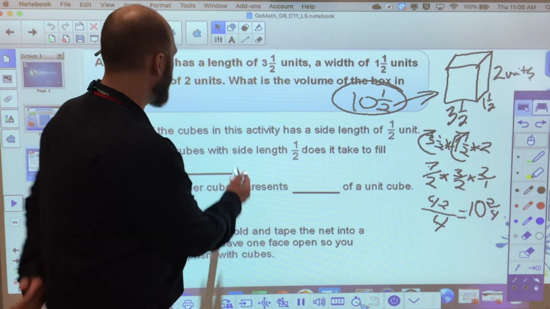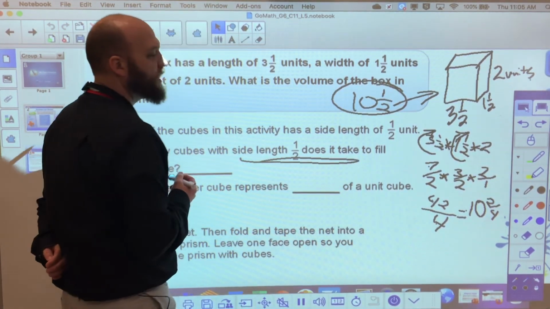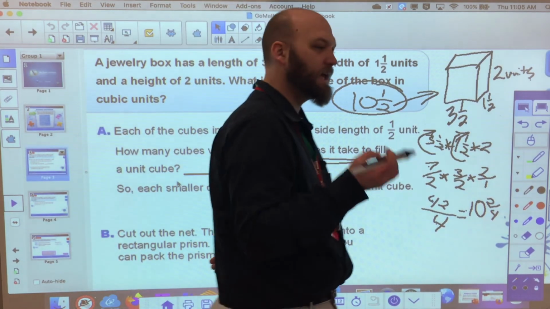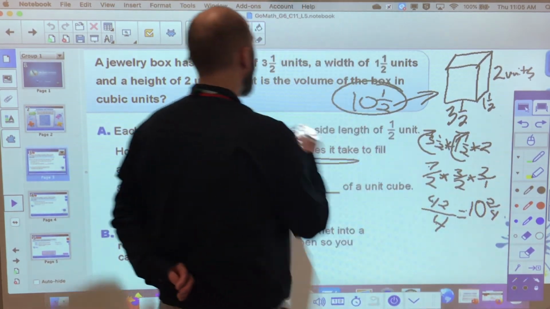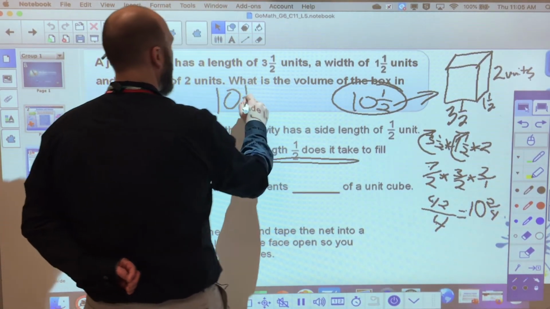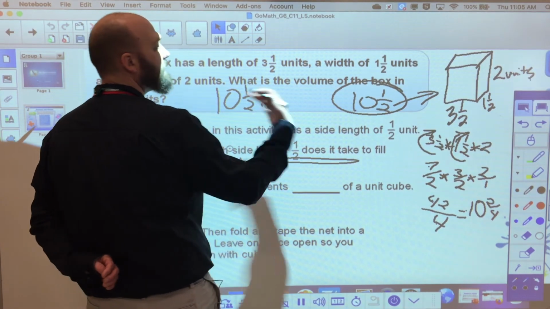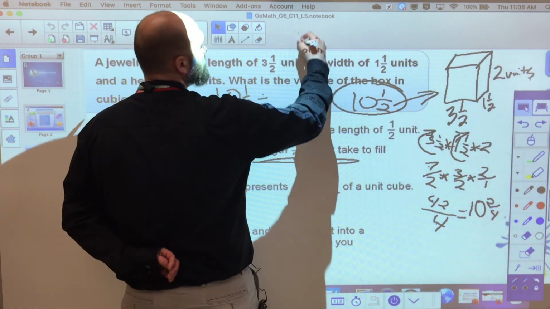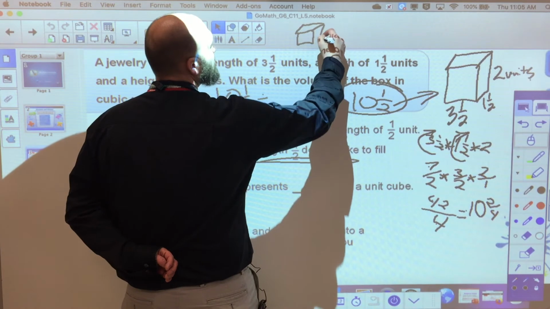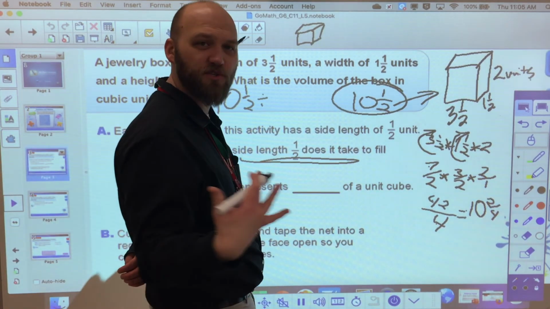Now it says how many 1/2 side length cubes will fit in there. So I'm going to take my 10.5 and divide it by whatever the volume would be. So I ask myself, Mr. W, should you guess about this or should you draw it out?